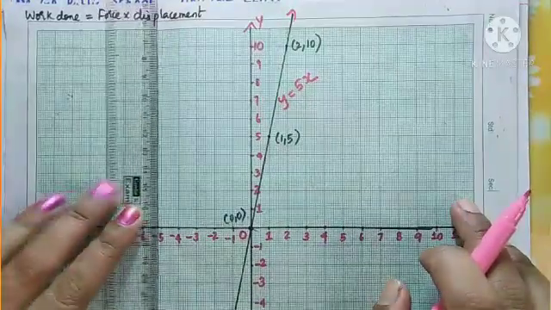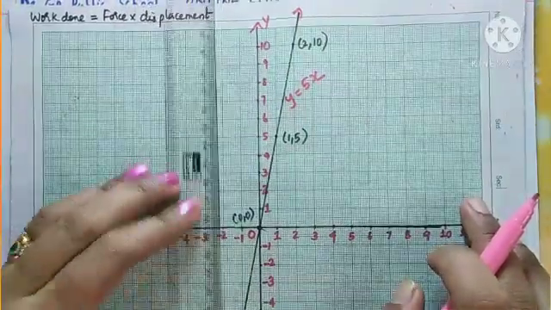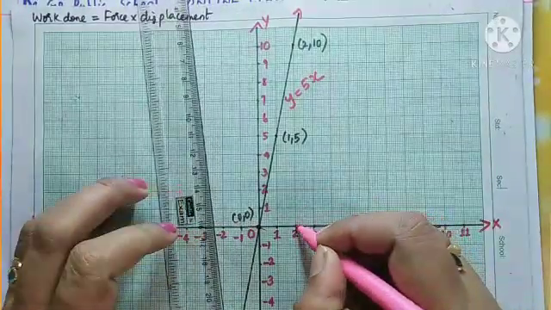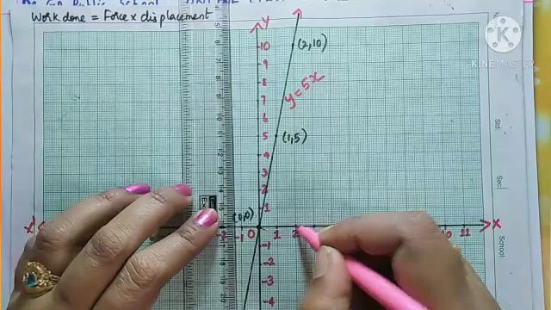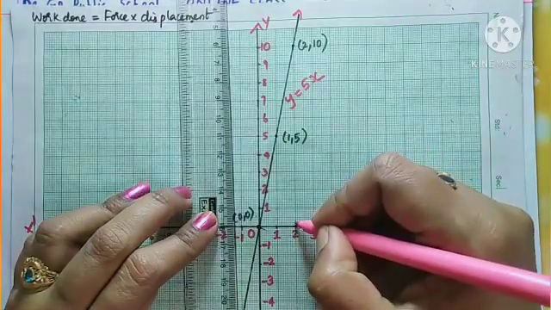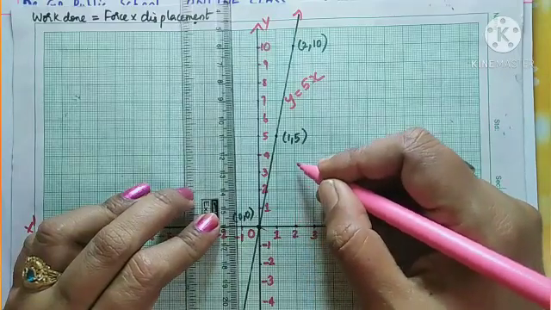So how will you find out? This you want to find out from the graph. Okay, so you take x equal to 2, that is here, and for this x equal to 2, what is the corresponding value of y?